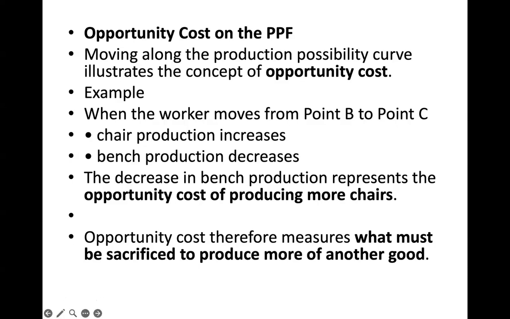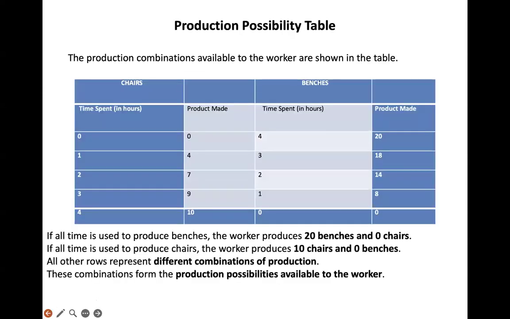Sir, please, I want some clarity on the table. According to the table, are we comparing the number of hours that were used to produce each item, or are we taking the total number of hours that were given?